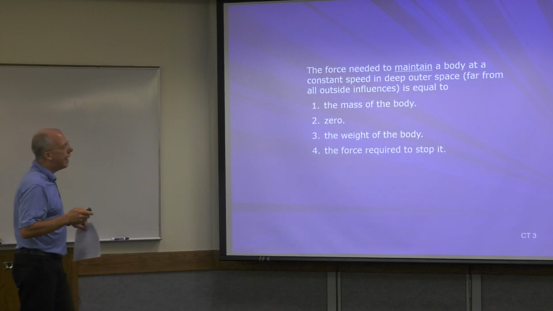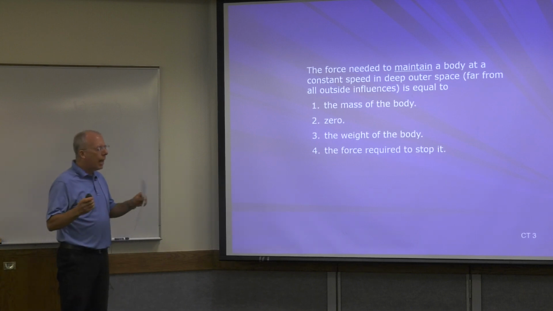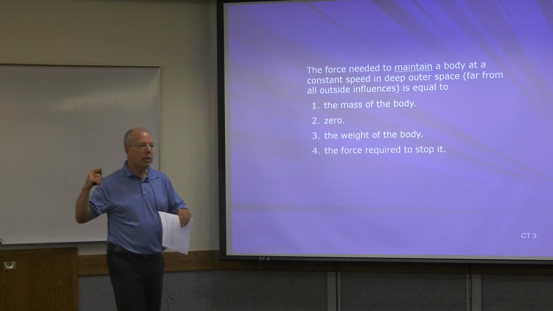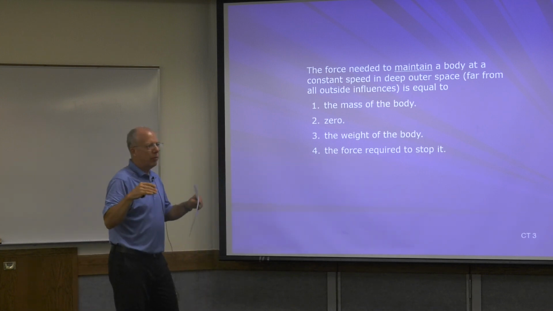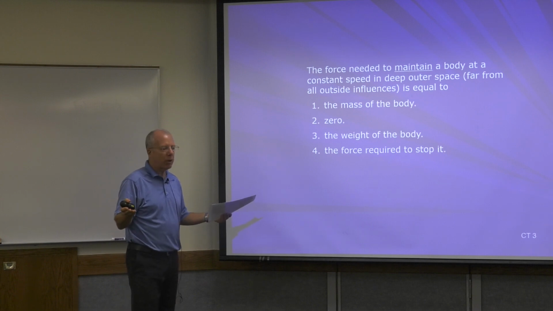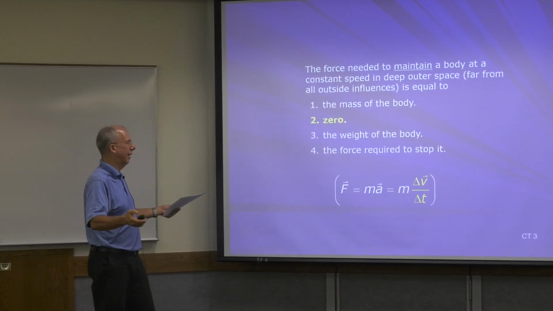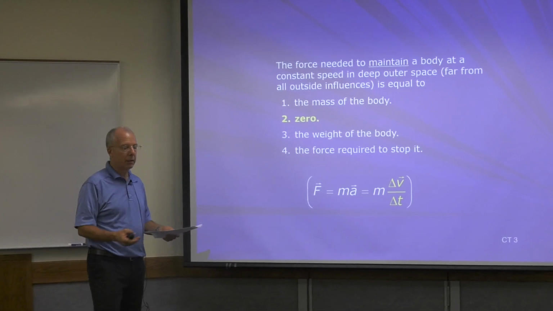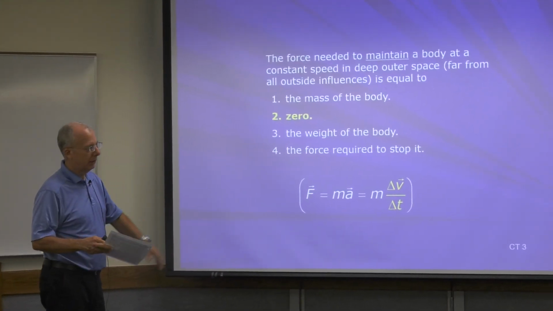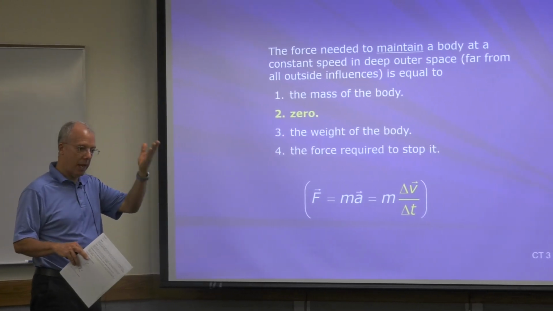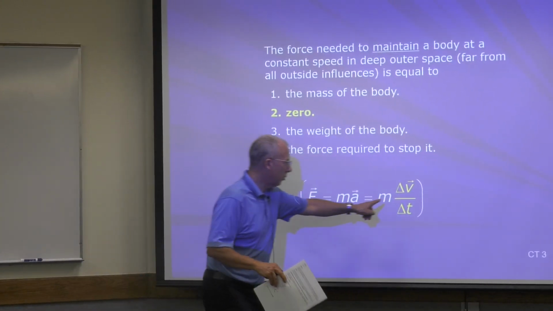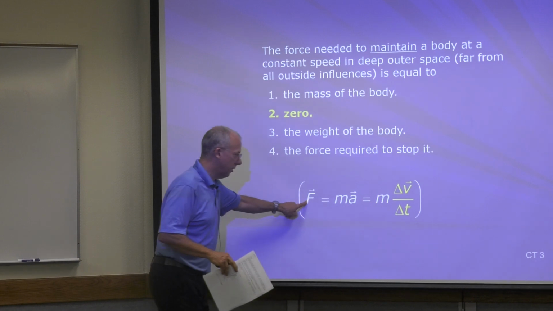Now notice it says to maintain in outer space. So that means that it's already moving, right? And if it's already moving, what's the force needed to keep it moving? Nothing, right? The velocity is the same. So that means there is no change. So the force equals 0.